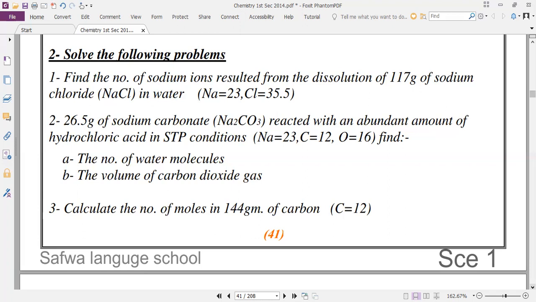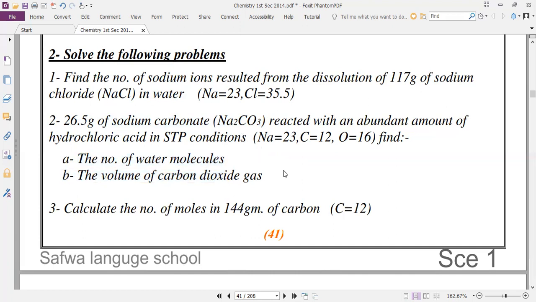So you have this, what's the number of moles of sodium carbonate? 1 mole. Number of moles of water, because he asks you about the number of water molecules. So they compare between sodium carbonate and water. Why? Because sodium carbonate is known and he asks you about the number of water molecules.